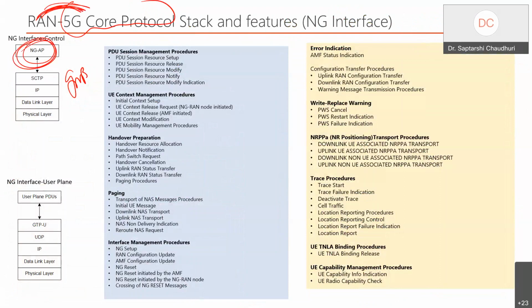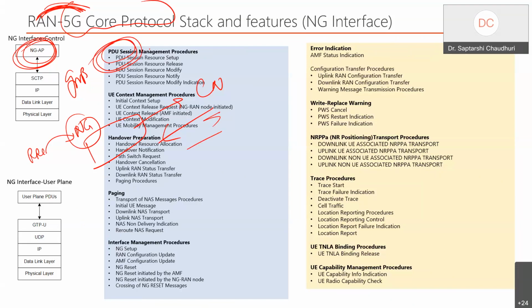Remember that this is a service, like the RRC hands over the packet back to the NG, and NG forms one protocol and sends it to the core network, and vice versa. So it talks about the PDU session. Imagine PDU as the session that the core network has negotiated with the device.